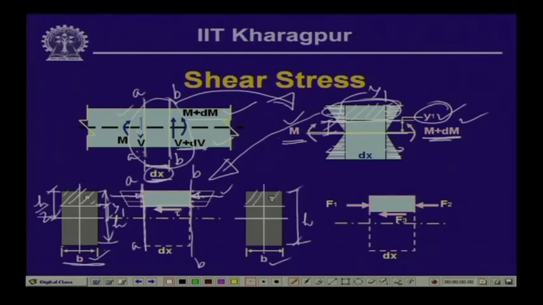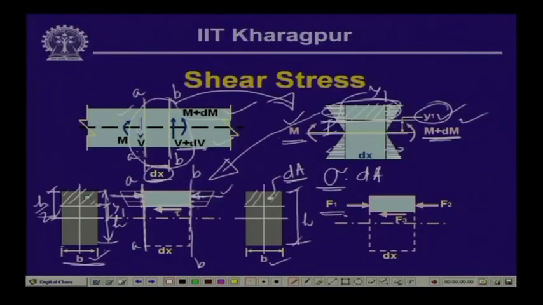Now, if we consider a small area dA, then the force acting is equal to sigma times dA, and this sigma we can compute from the expression we have learned for bending, since we are considering only the bending moment acting in this section. So, the stress sigma due to bending is equal to My by I, which we have seen in the flexural equation.